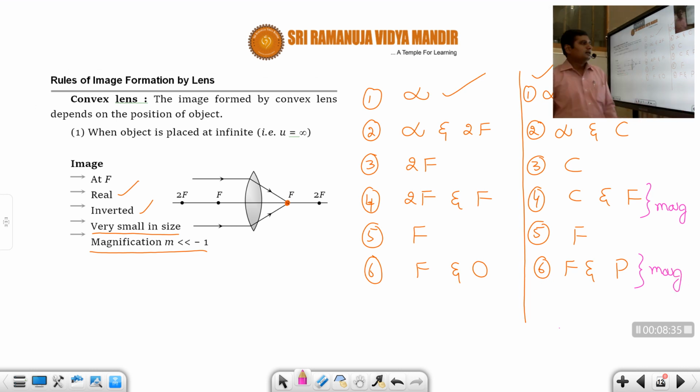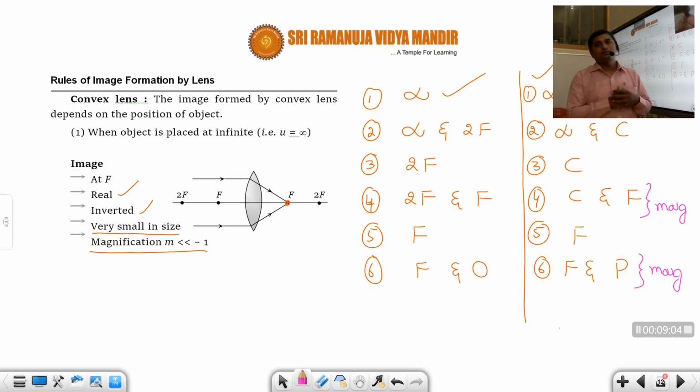Of course you may say that when the object is at focus also, the image is highly magnified. Definitely, but we may not see it, so we neglect that case. But these 2 cases are very, very important: when the object is placed between center of curvature and focus, I am talking about mirrors, and similarly when the object is placed between focus and the pole, the image will be magnified.